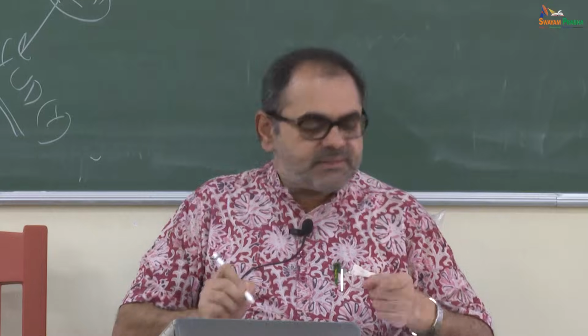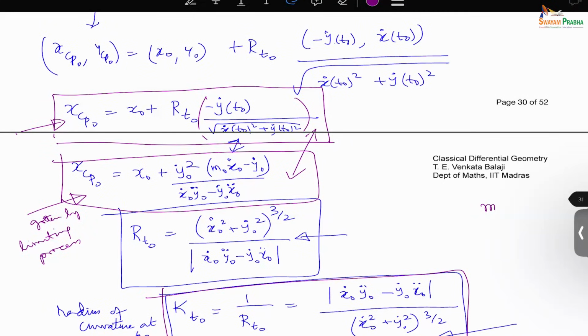Okay, and now if you remember, let us make this computation. Our m was supposed to be the slope of the normal. The position vector of the point on the curve is given by x(t), y(t).